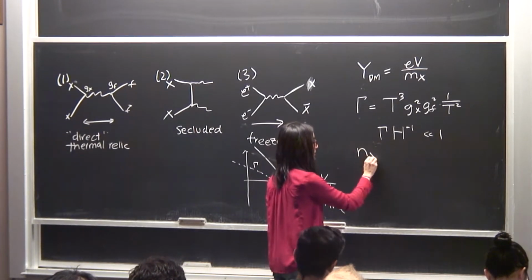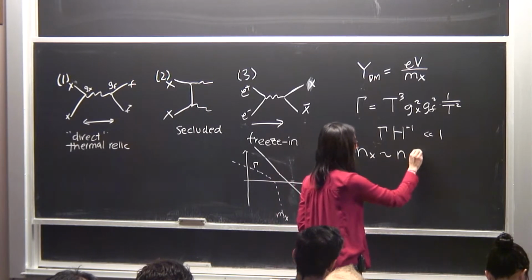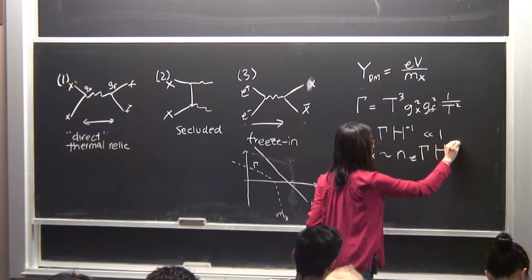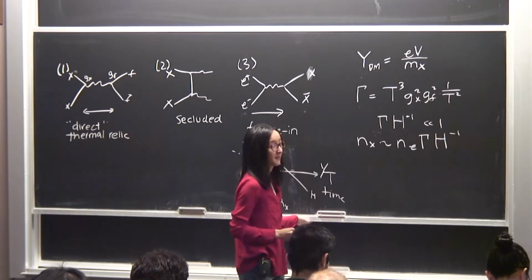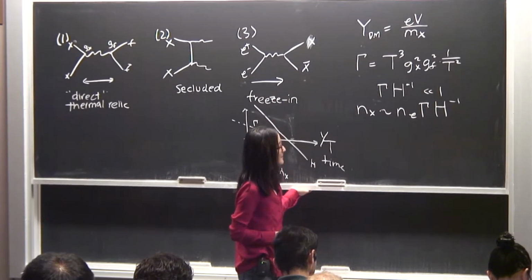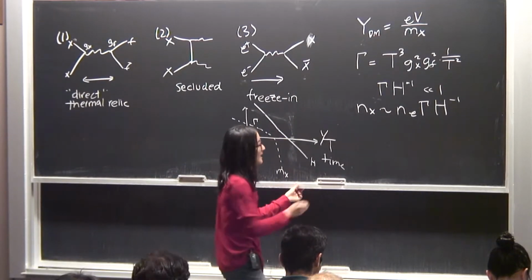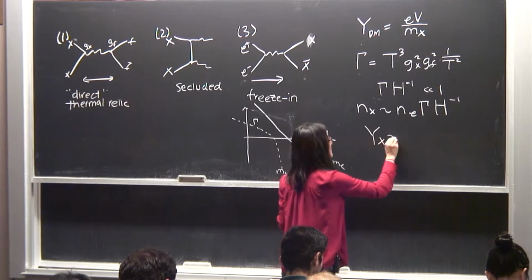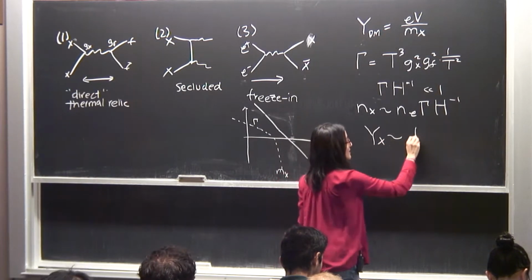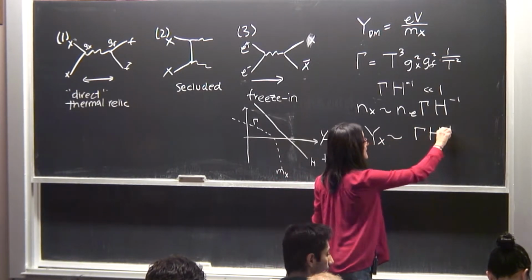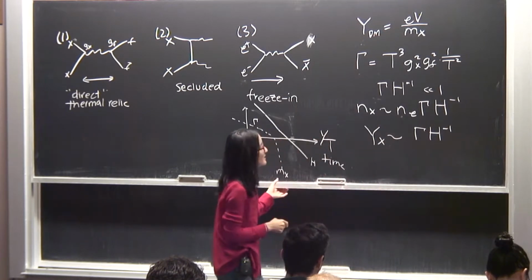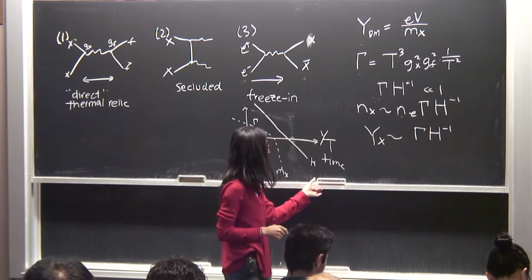So the number of dark matter particles is going to be like Ne gamma H inverse, and Yx is going to be just gamma H inverse because Ne and entropy both scale like T cubed.